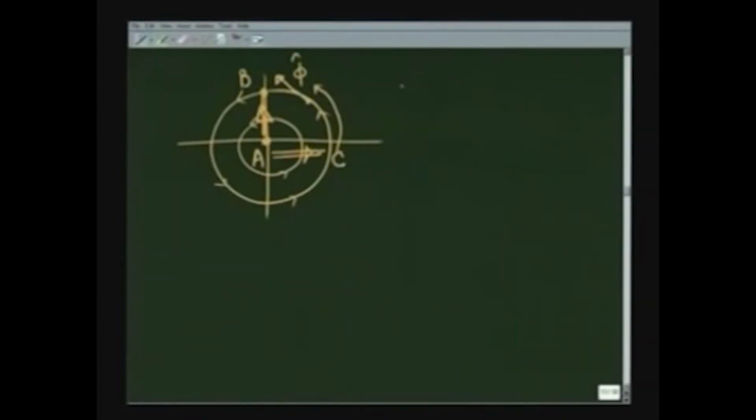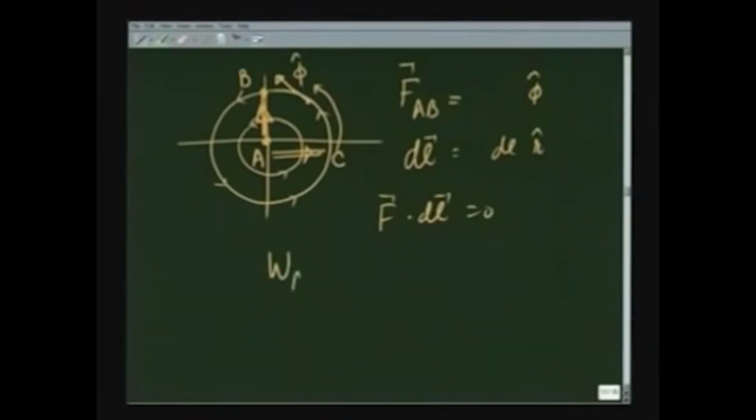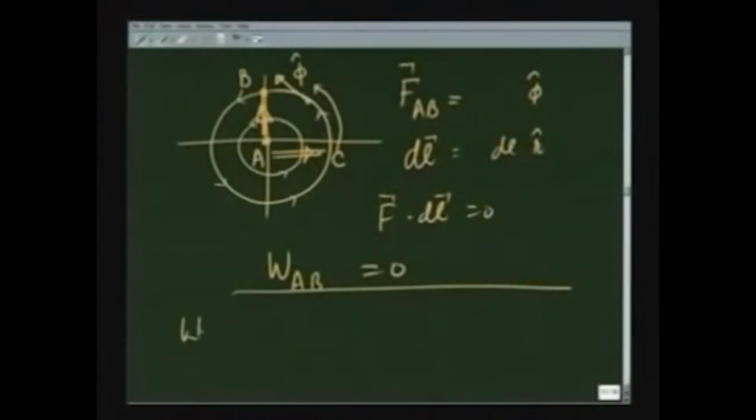In the first case, when I calculate F along AB, it is in the direction of phi, but the displacement dl is in direction dr. So, F dot dl is 0, and therefore, work done A to B is equal to 0. How about work when I go from A to C to B?